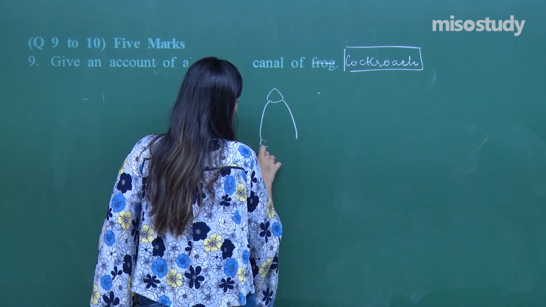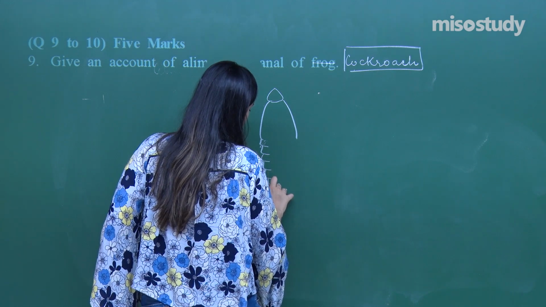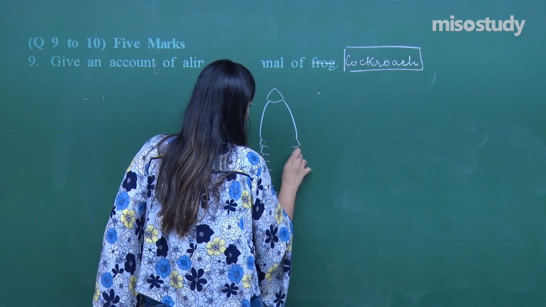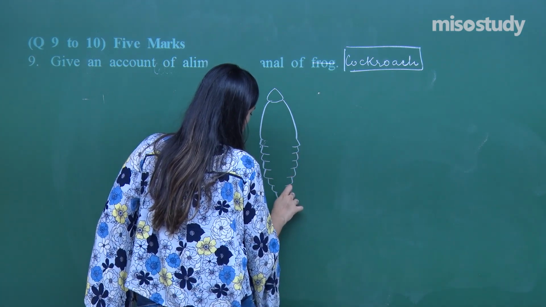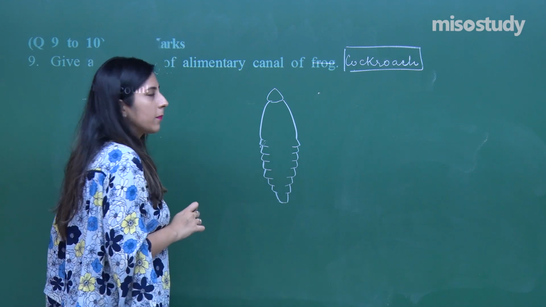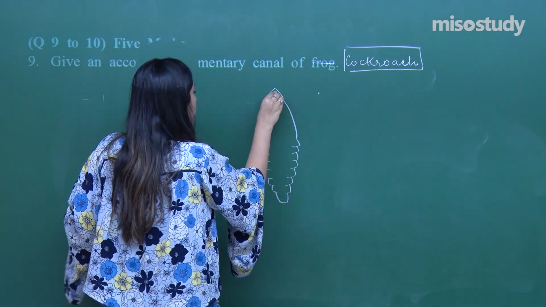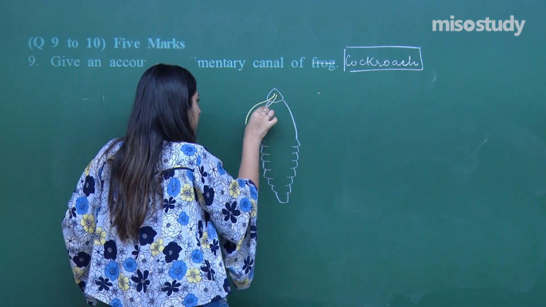So the structure of the alimentary canal we will discuss. Right. This is an overall structure. First of all, it starts with the mouth.